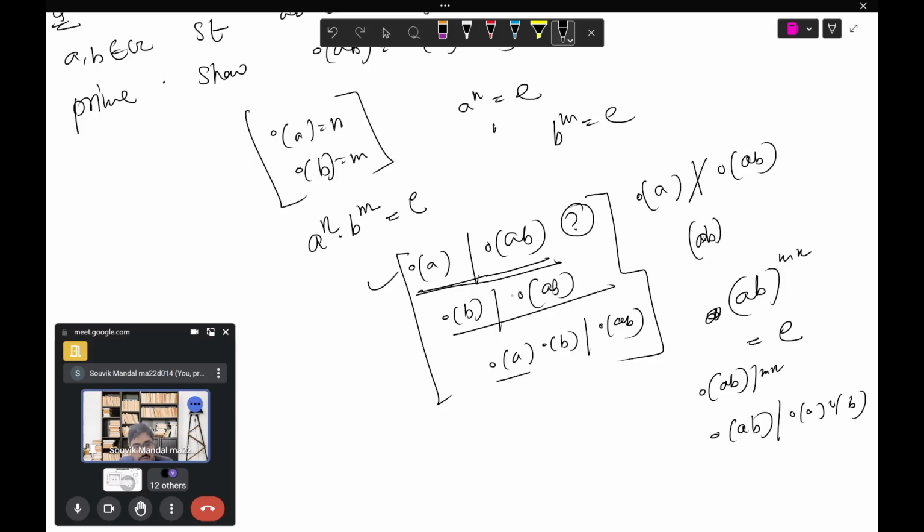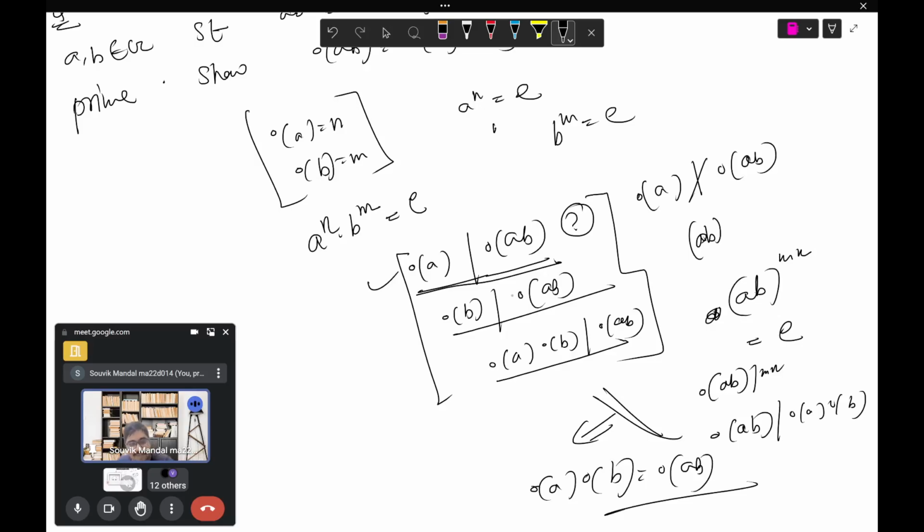So this multiplication divides the order of AB because the order of A and the order of B are given to be relatively prime. Together this gives the order of A times the order of B is equal to the order of AB. So this is the solution.